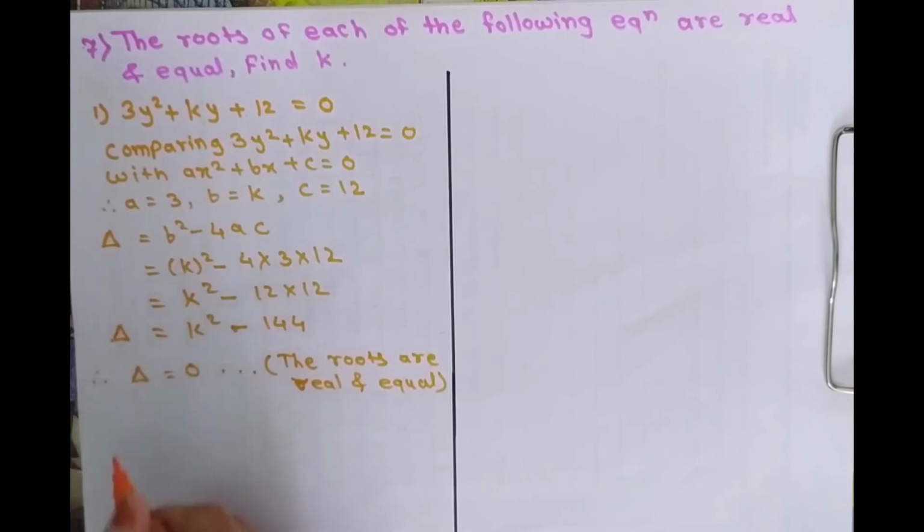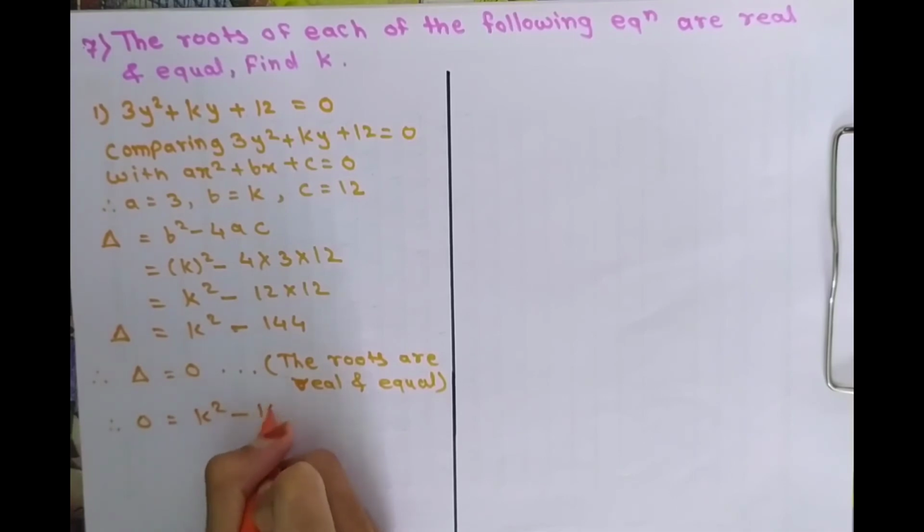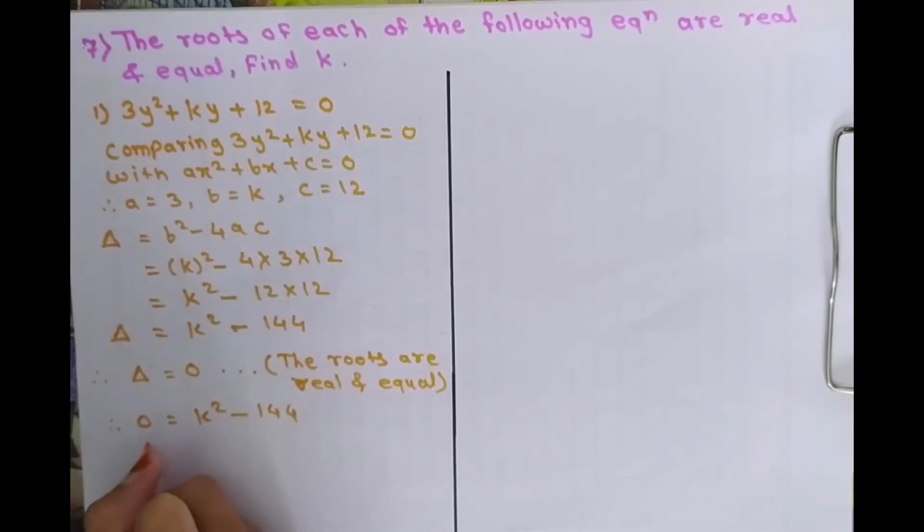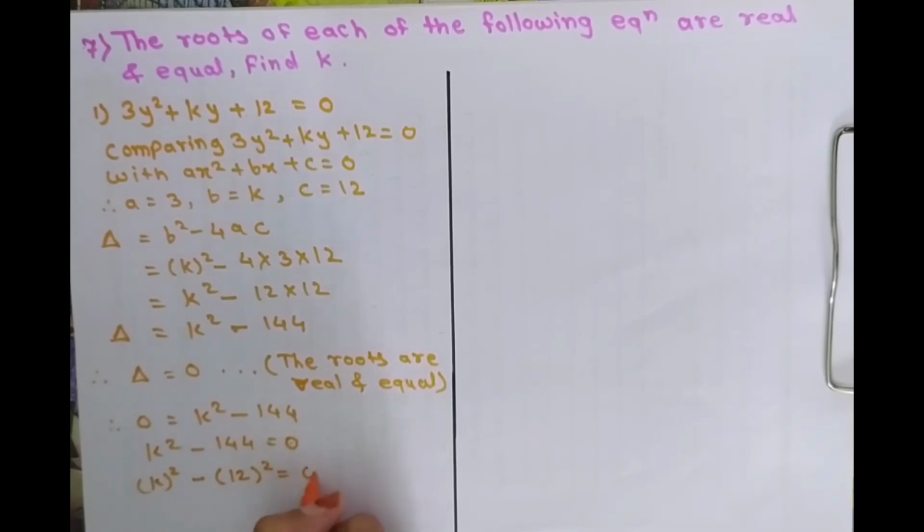Now put this value, delta is equal to 0. Therefore 0 is equal to k square minus 144, so k square minus 144 is equal to 0. Now k square minus 144 is k square minus 12 square. This we write as (k minus 12)(k plus 12) is equal to 0, using the formula (a minus b)(a plus b) is equal to a square minus b square.